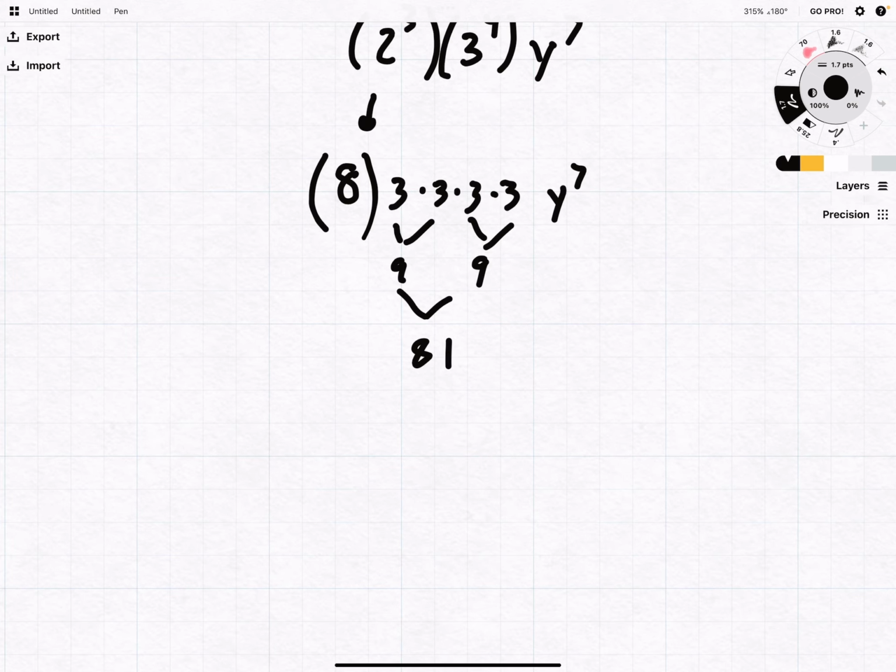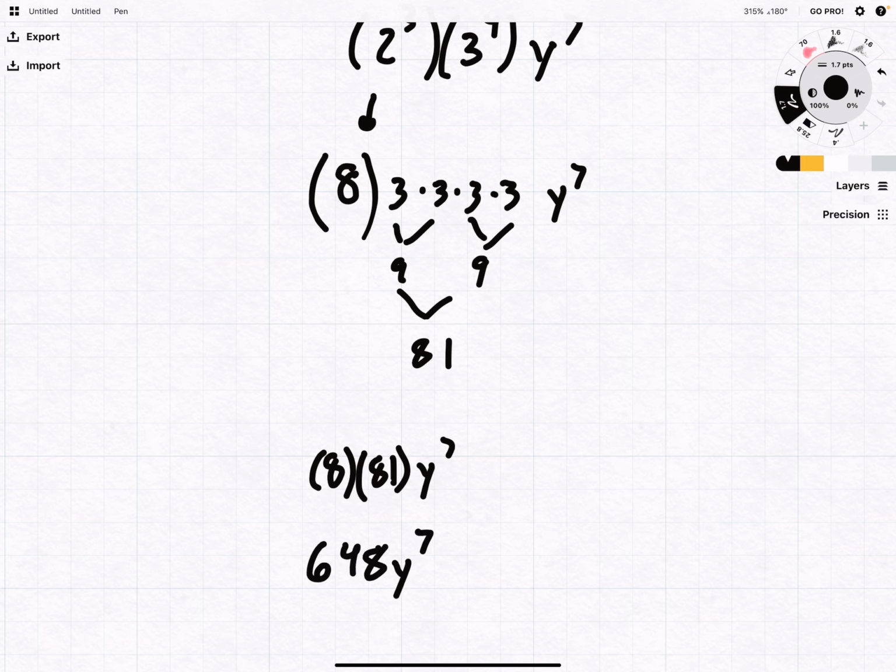So we have 8 times 81 times y to the 7th, and that gets us, let's see, 648, I believe. 648 y to the 7th, and that's the final answer.